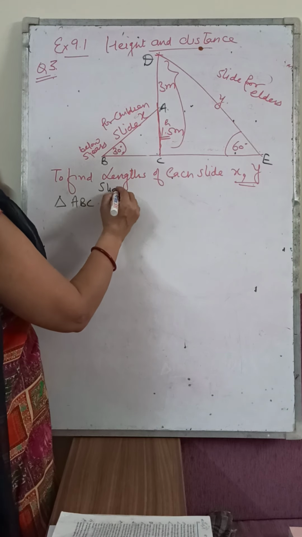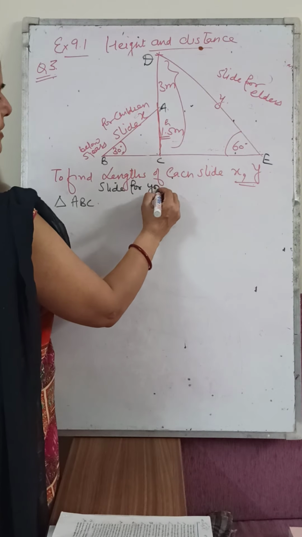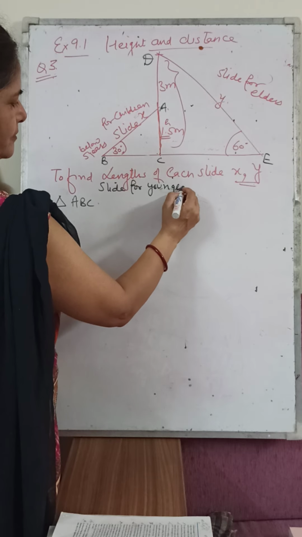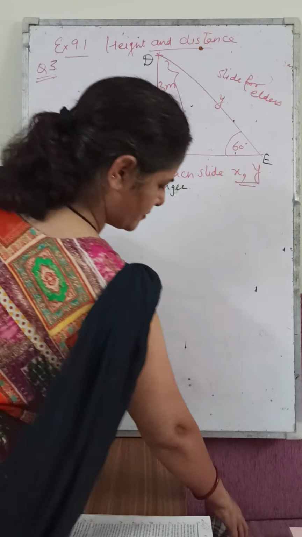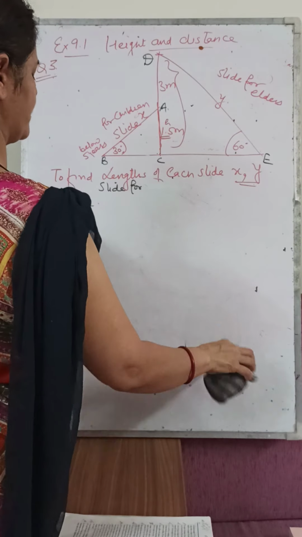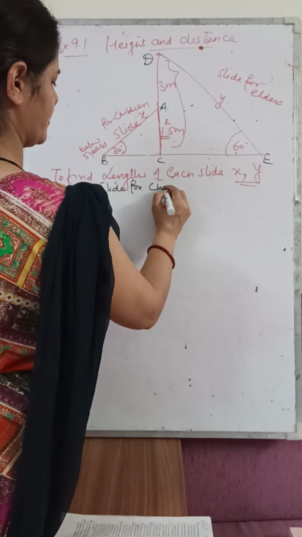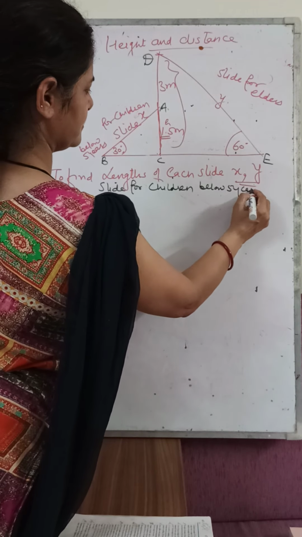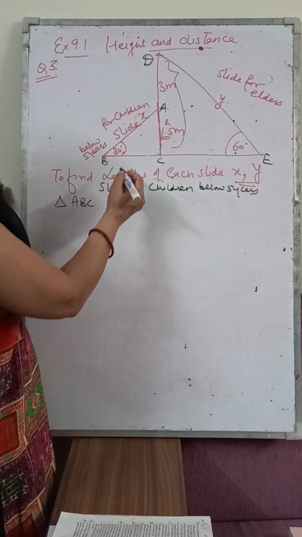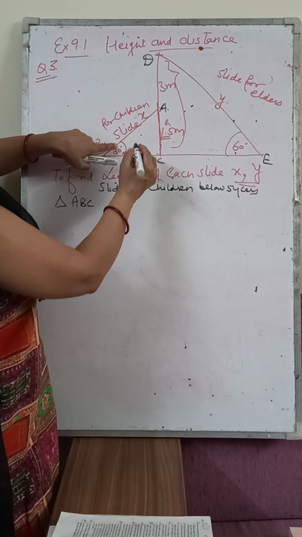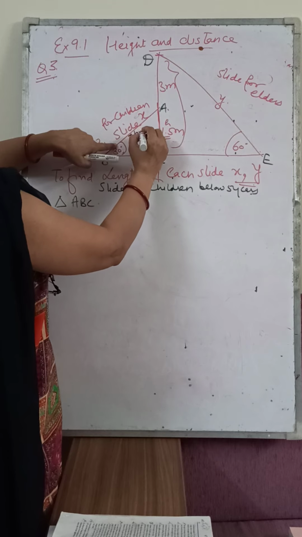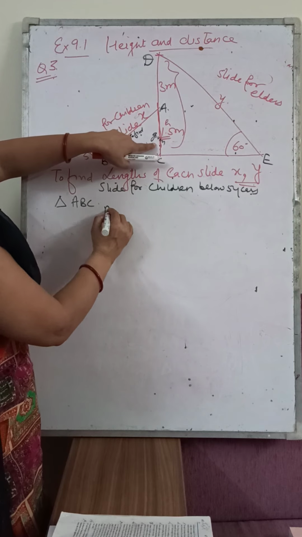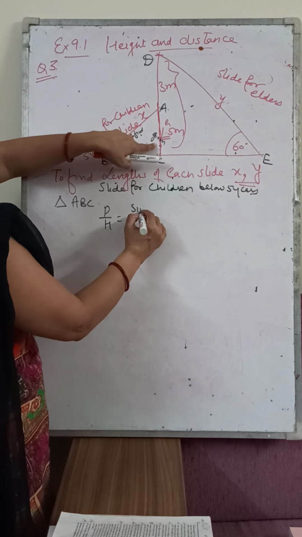This is slide for youngest. Right? Triangle ABC, we have to find hypotenuse. This we have to find. This is given. So perpendicular upon hypotenuse, you know, is sin theta.